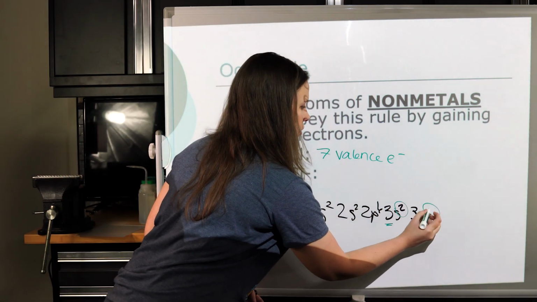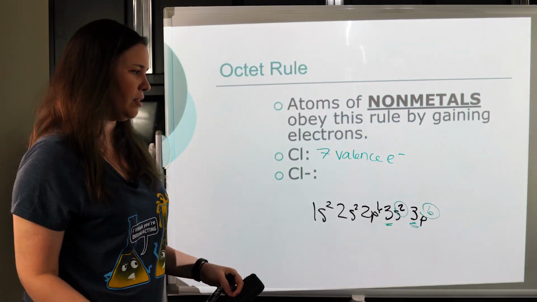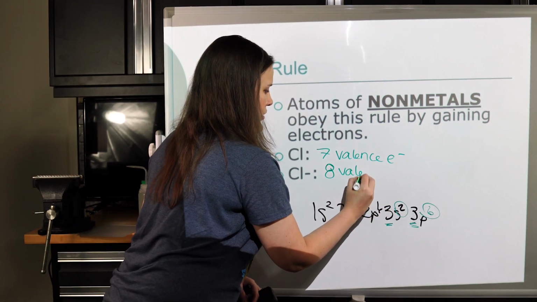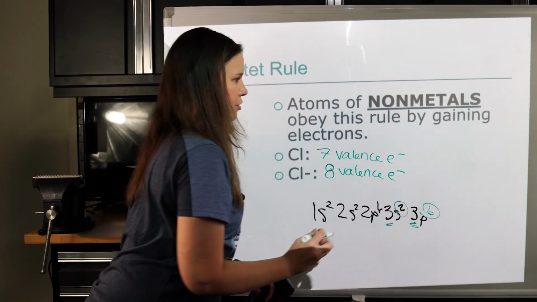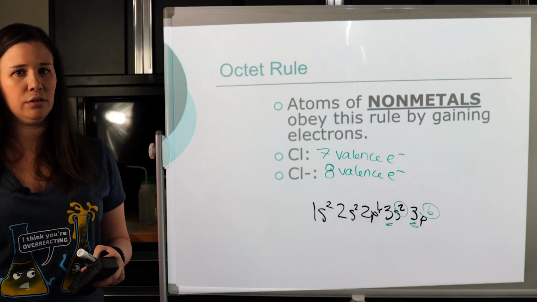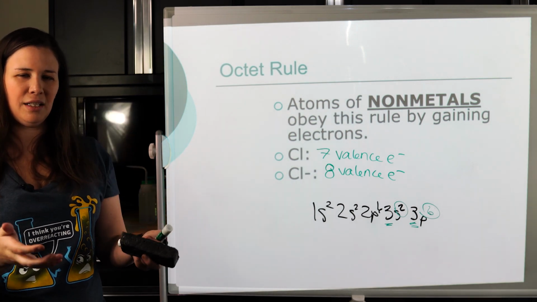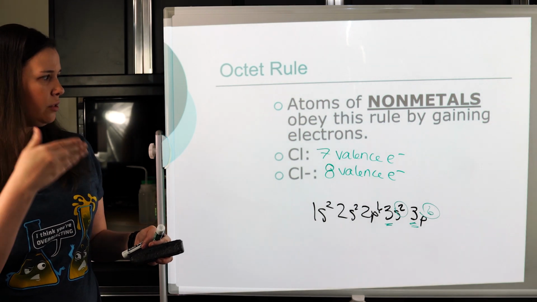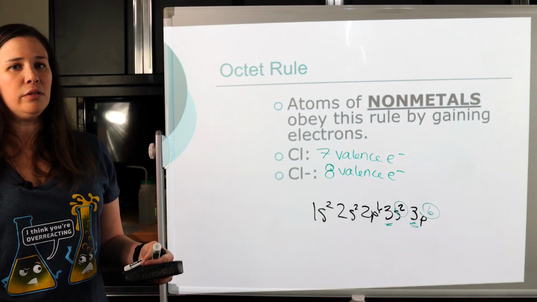Instead of a 5 here, if we just gained 1, we'd have a 6, which is now a total of 8 valence electrons. So for the metal, it was easier to lose an electron to reveal, like peeling an onion, an inside layer that had a perfect octet. Whereas for the chlorine, the nonmetal, it's already very close to an octet.